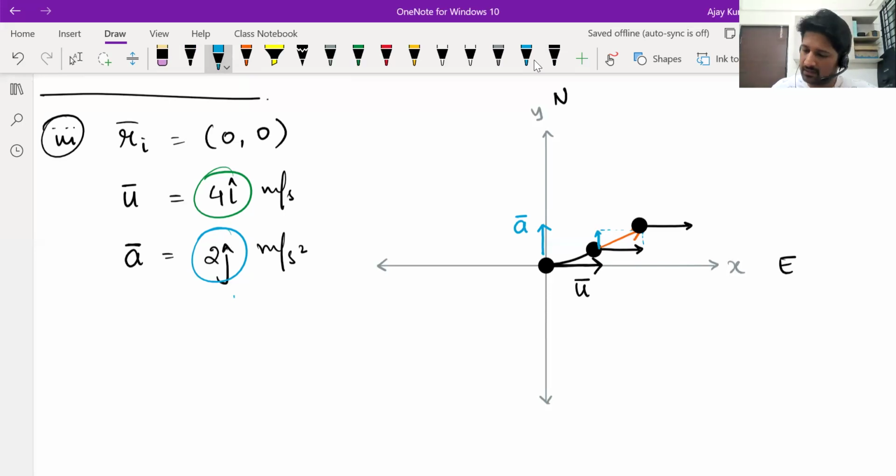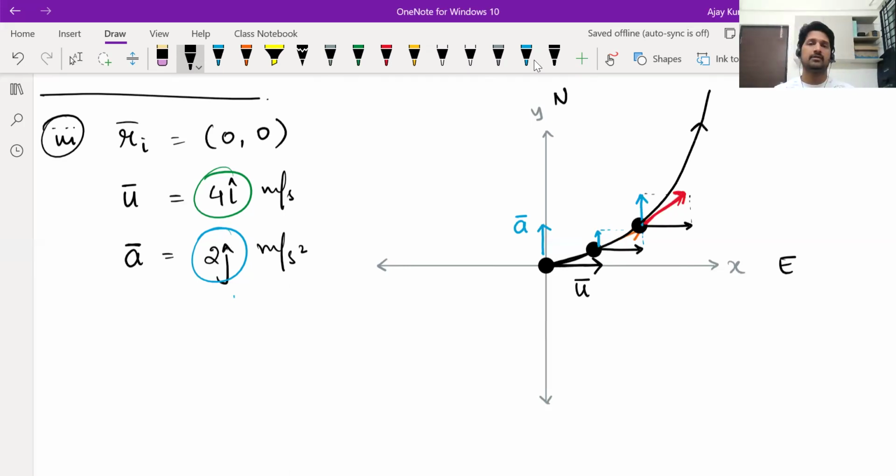If the x component remains the same and the y component increases, the vector is going to tilt upward. The velocity vector keeps on tilting upward and the object follows a curved path like this. It will no longer be a straight line.